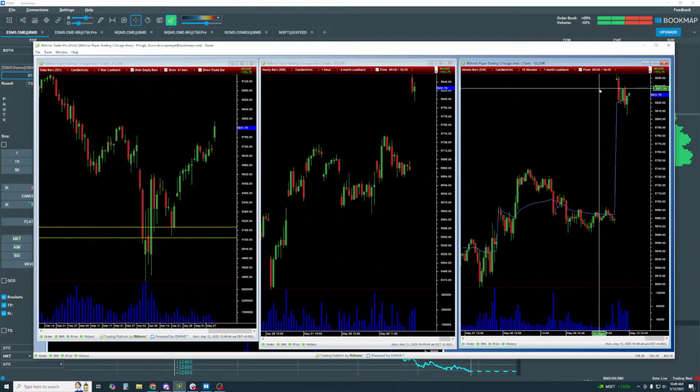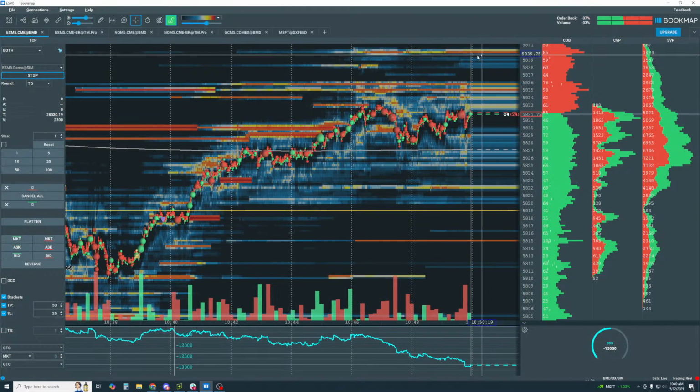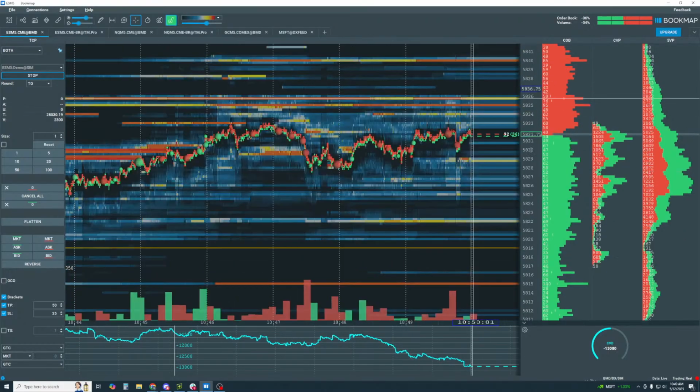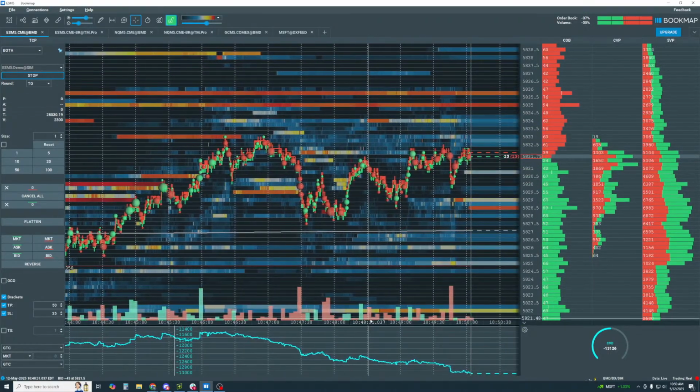On the 15-minute chart, it looks like next stop would be up around this 3940 area in the S&P. That is up here in Bookmap. So we can look again for maybe that breakout trade.